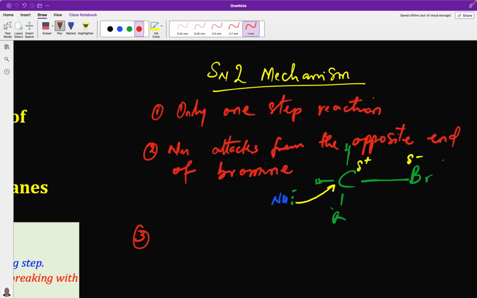It cannot attack from the side of bromine because the partial negative bromine will repel the nucleophile. That's another reason. It will repel or hinder the attack from its side. So number 3 will be the partial negative bromine.